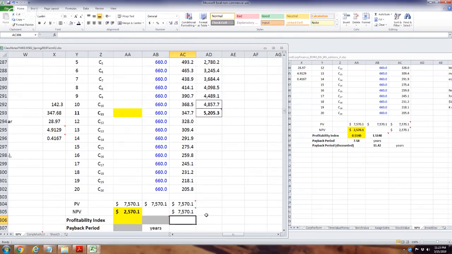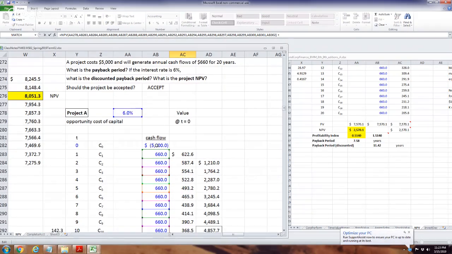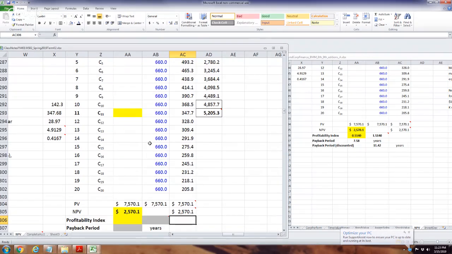Okay. And you're going to add your initial capital. Yeah, you get those same numbers. And like I said, now you can start looking at profitability indices and things of that nature. Yeah, so this is equal to present value divided by the negative of the investment.